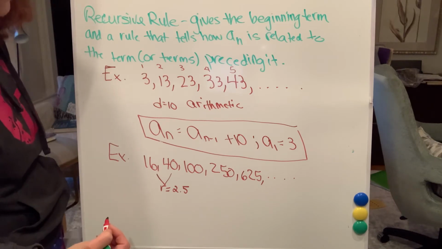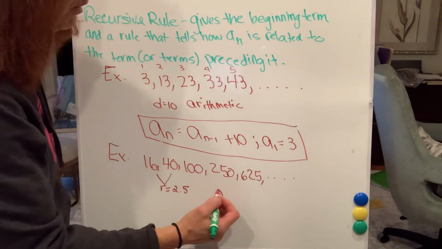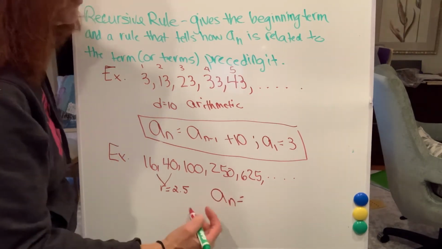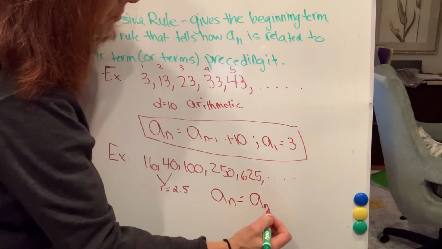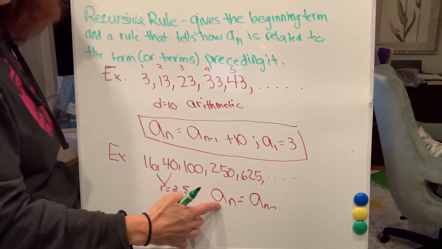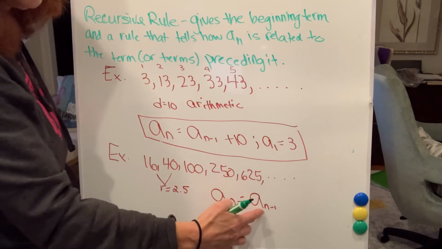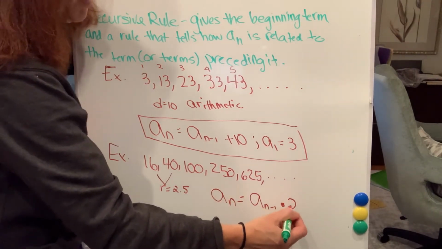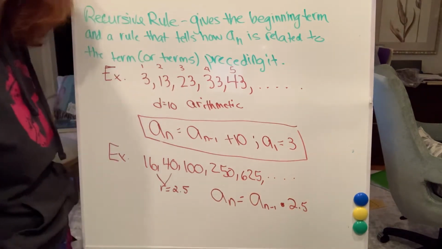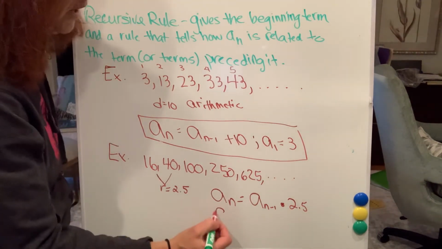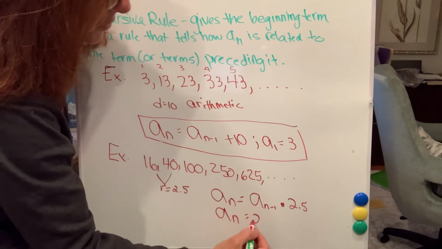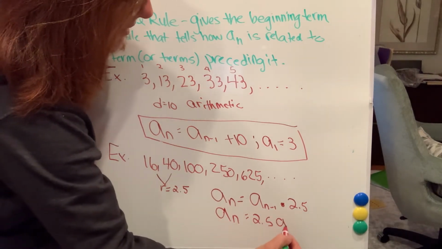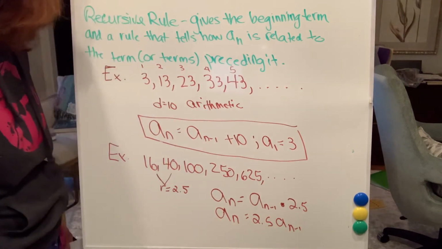All right, so to define our rule here, for any term, we take the term before it. So for a_n, we take the term right before it, which is a_(n-1), and we multiply it by 2.5. Or I could write that as a_n equals 2.5 times a_(n-1).